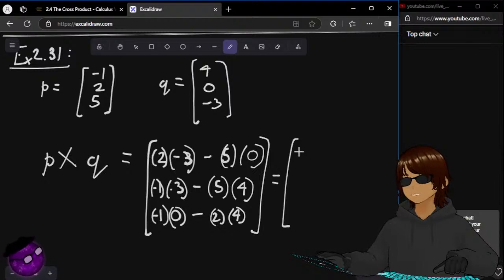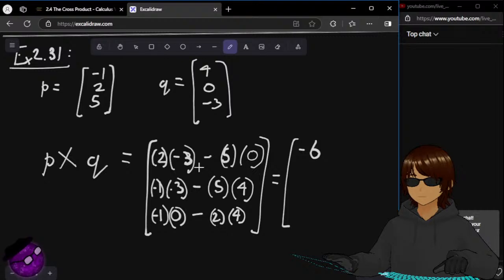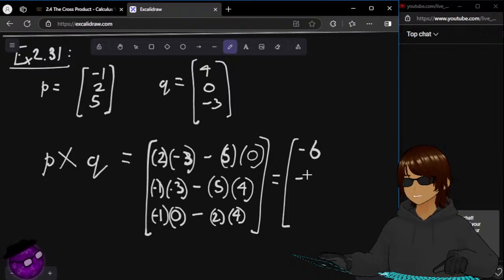So 2 times minus 3 is minus 6. Minus 1 times minus 3 is 3. 3 minus 20 is minus 17.